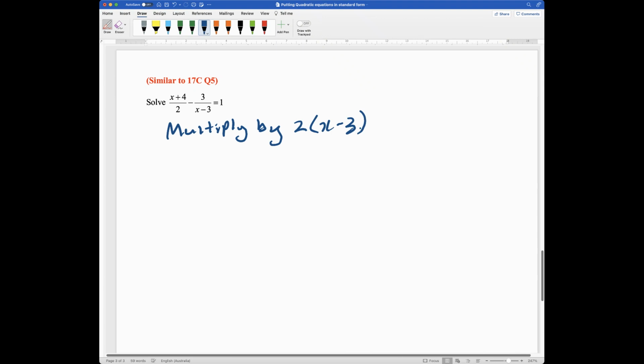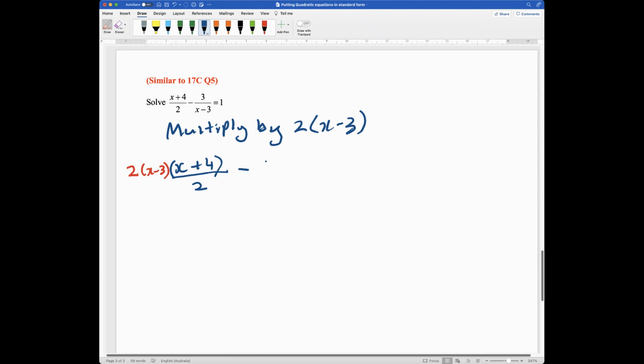And that will get rid of the denominator. So let's have a look. So we're going to have x plus 4 on 2. I'm going to times that by 2 outside of x minus 3. Now I'm going to have to put brackets around the numerator here. You'll see why in a minute.